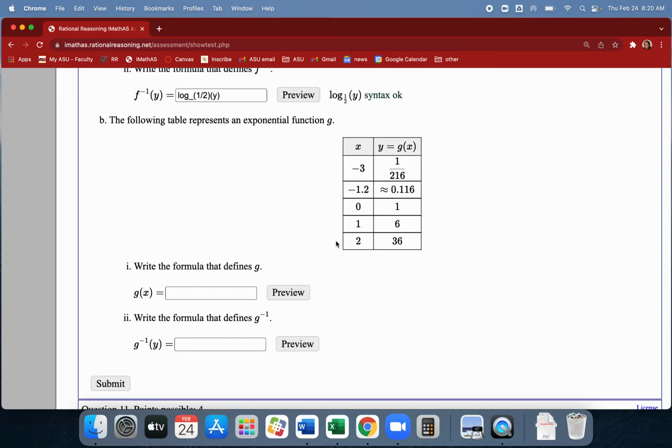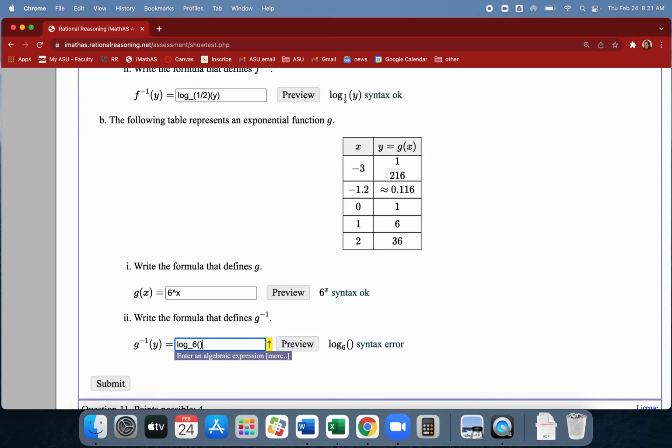So y equals g to the x. If I'm writing that original function, it should just be something with 6 to the x involved. All right, and I can see it goes through 0, 1. There's my initial value. So 1 times 6 to the x. Written in the other form, it'd be a log base 6 of something.